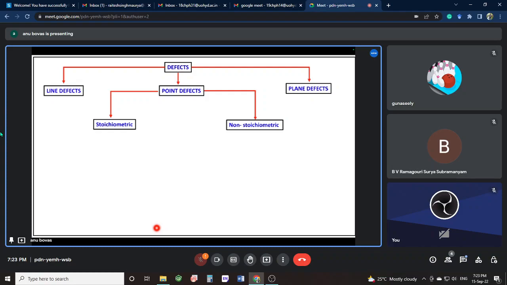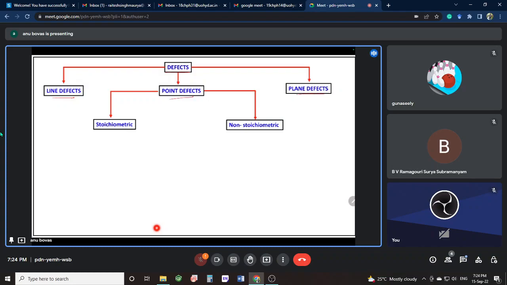For example, in a crystal, we have a perfect regularity in the arrangement of particles. So, any departure from such an arrangement can be called a crystal defect or imperfection. And the major 3 classes of defects are line defect, point defect, and plane defect.